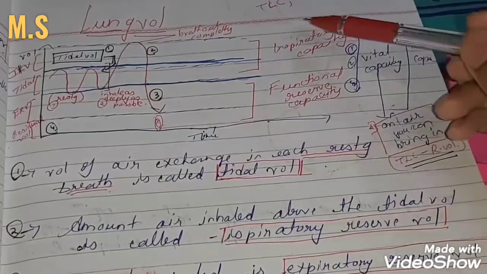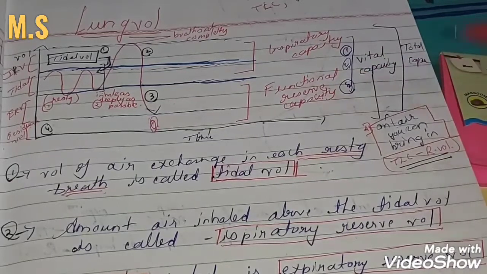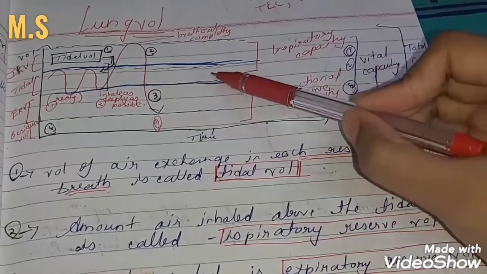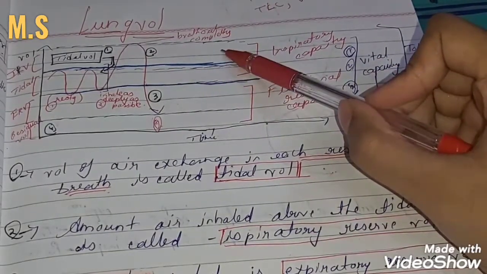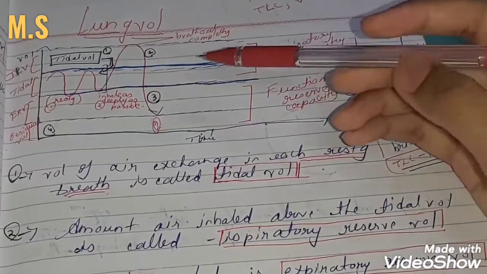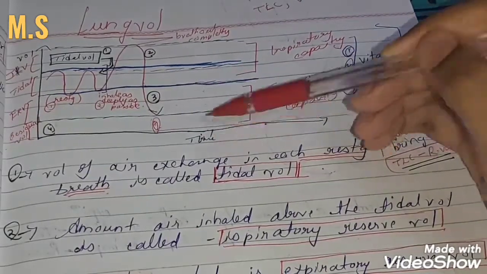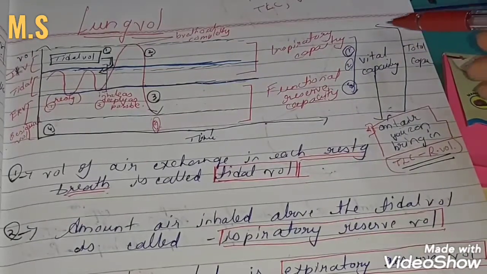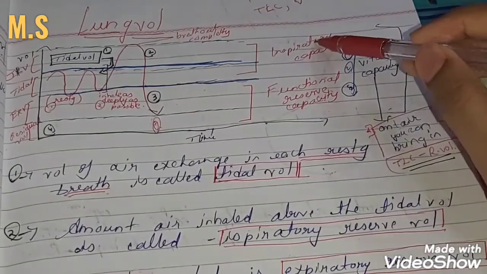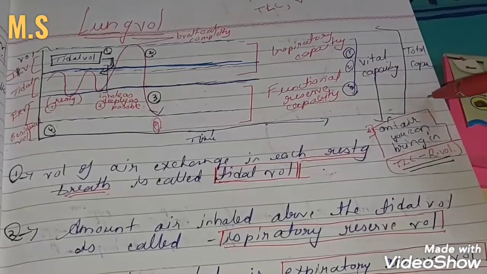And we have a few more concepts, but they are not that important. Inspiratory capacity means tidal volume plus the inspiratory reserve volume. Functional residual capacity is expiratory reserve volume plus the residual volume. Total lung capacity is inspiratory capacity plus functional residual capacity; you add all of these and you get total lung capacity.